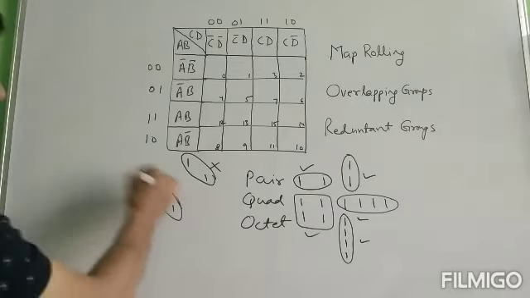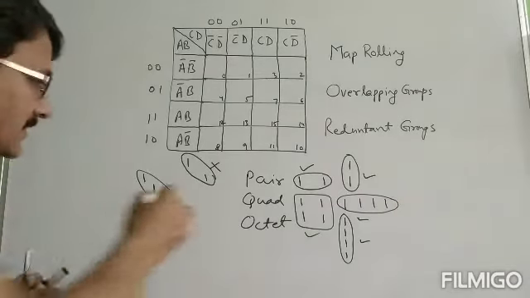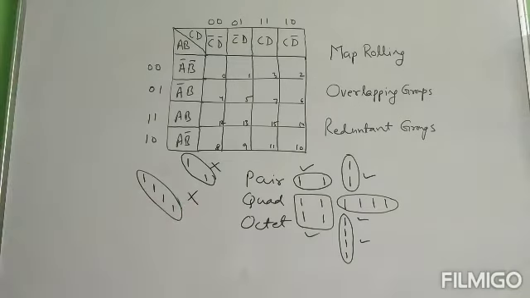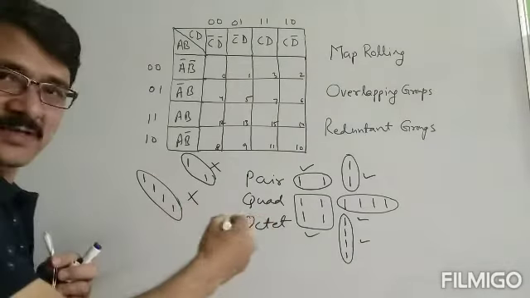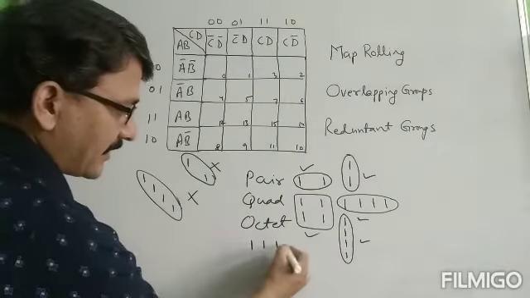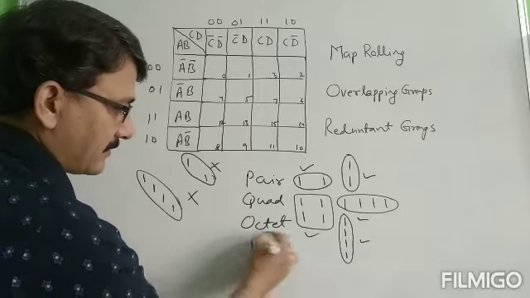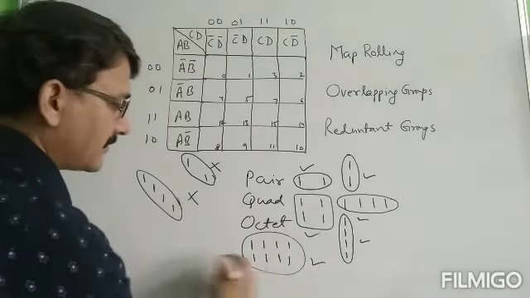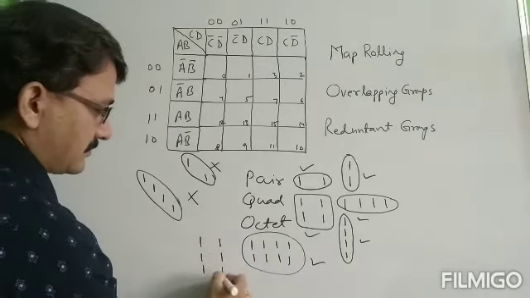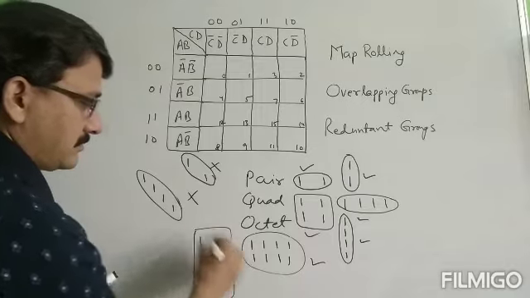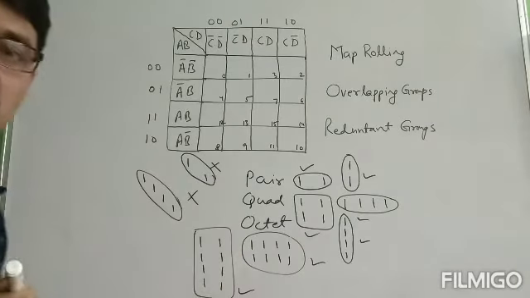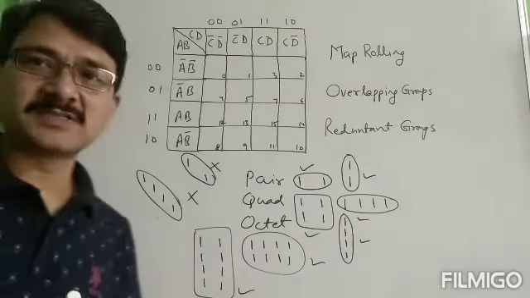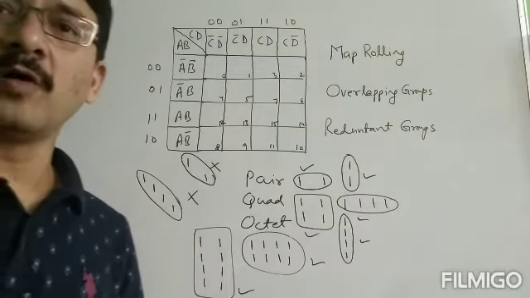That you form a diagonal quad. This is not allowed. Now the third case is octet. Octet means when there are 8 ones. Like this, correct? Or this. This is also correct.